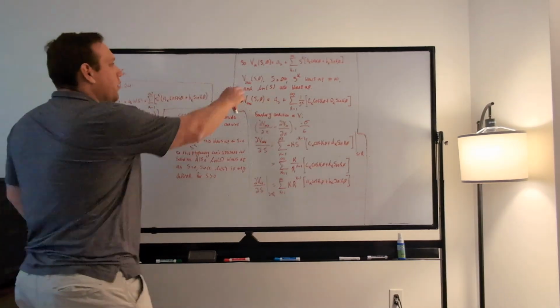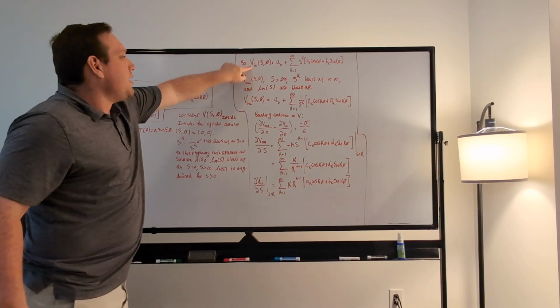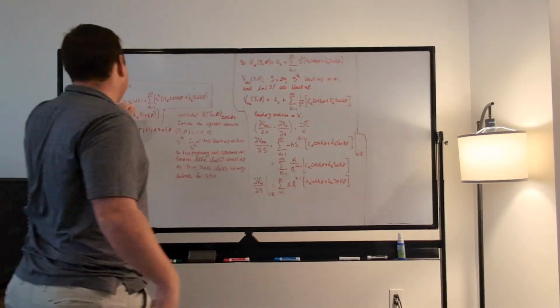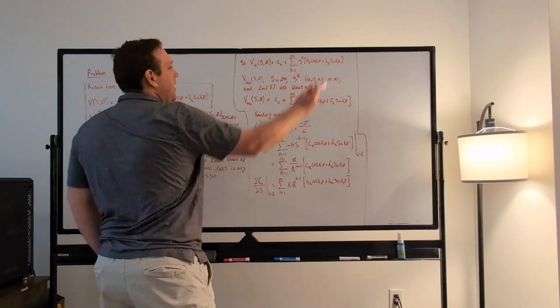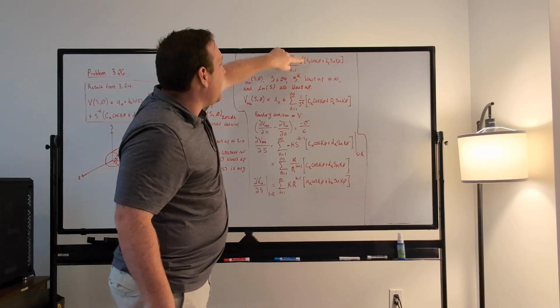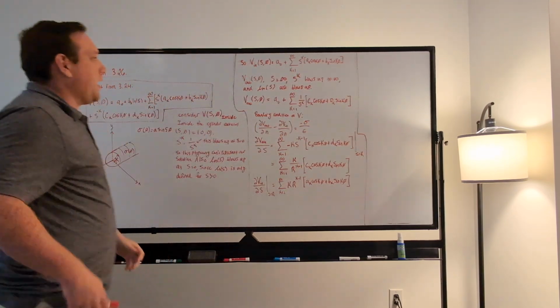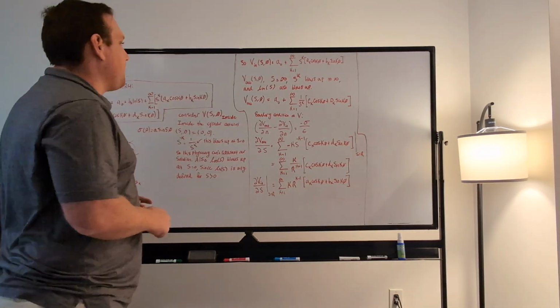So I've written here that inside of the cylinder, the potential is a naught, which is just some arbitrary constant, plus the summation from k equals 1 to infinity of s to the power k times a k cosine k phi plus b k sine k phi.